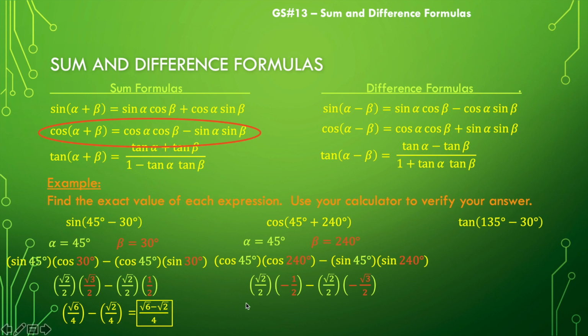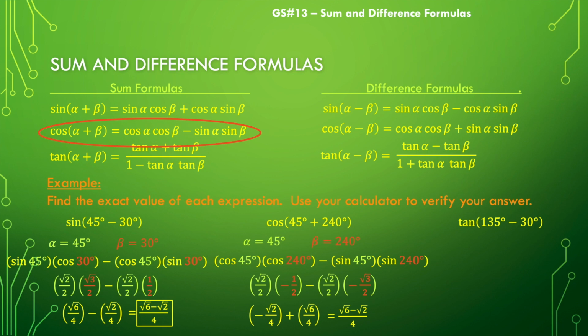So those first two here, we end up with negative rad 2 over 4 minus negative rad 6 over 4. Okay, but that minus a negative will end up being a positive. So we end up with negative rad 2 over 4 plus rad 6 over 4, which is the same as rad 6 minus rad 2 over 4.